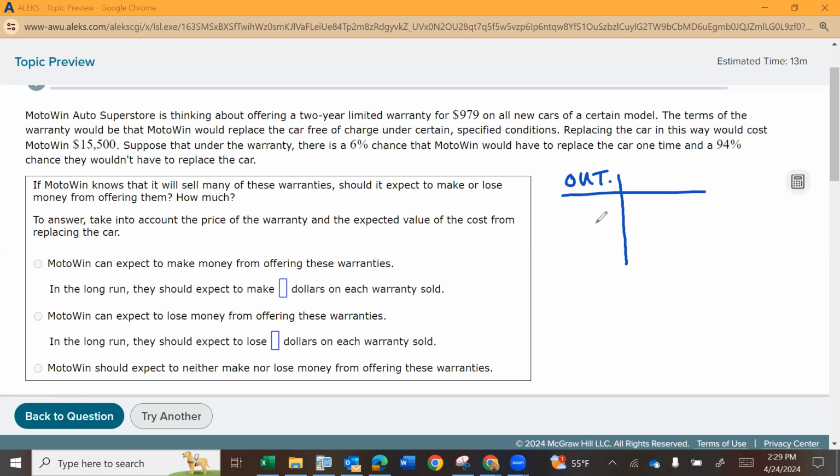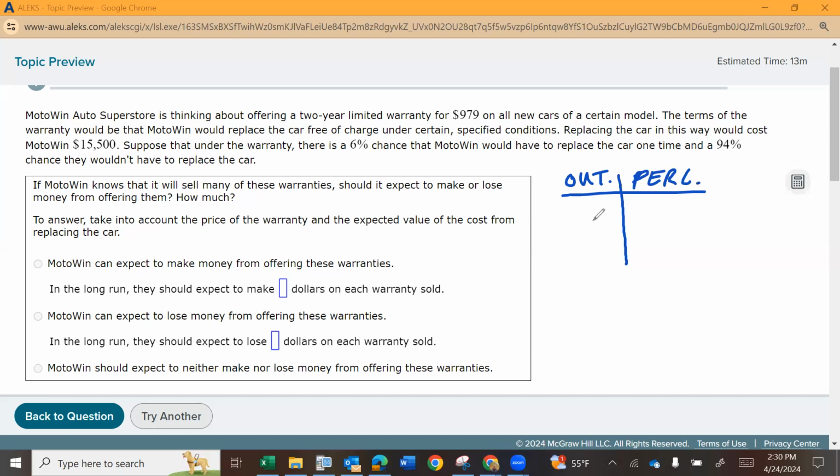Again, it says MotoWin can expect what? All of this is from MotoWin's point of view, not the point of view of the consumer. If it was the point of view of the consumer, then all of the outcome numbers I'm about to put, you would just flip the sign from positive to negative and negative to positive.